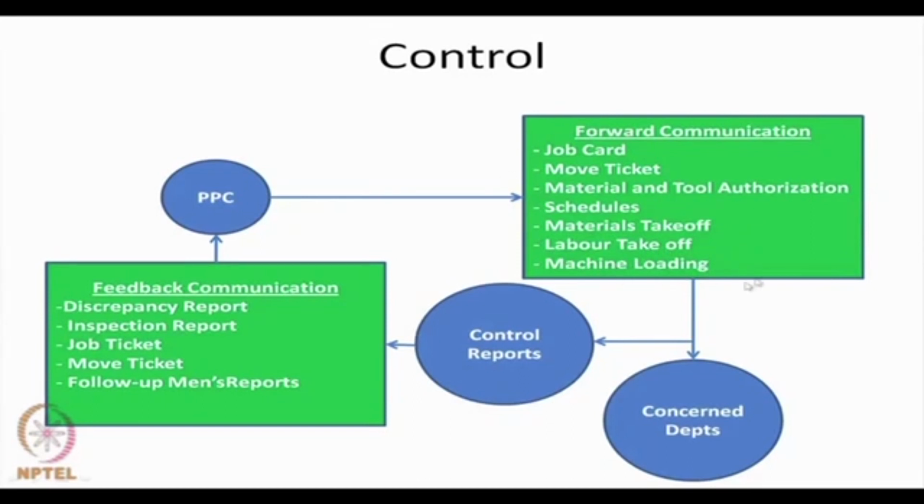All these are planned and sent to concerned departments, and then at different points of time the actual progress is reported in the form of reports, discrepancy reports, inspection reports, job ticket, move ticket and follow up reports. These are available, on the basis of which production planning keeps control of the activities.